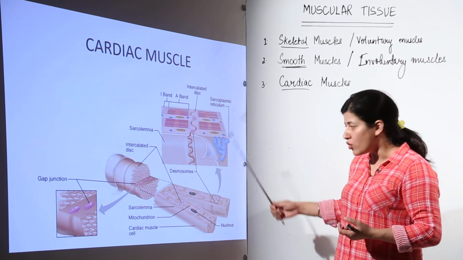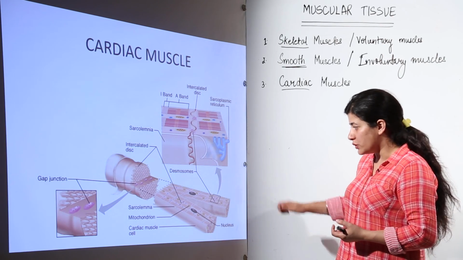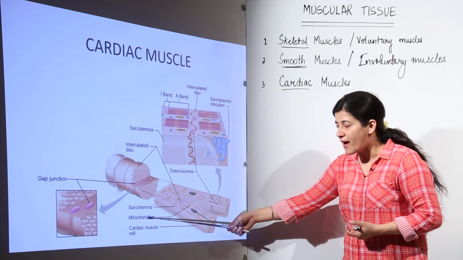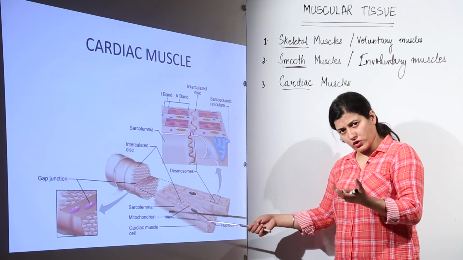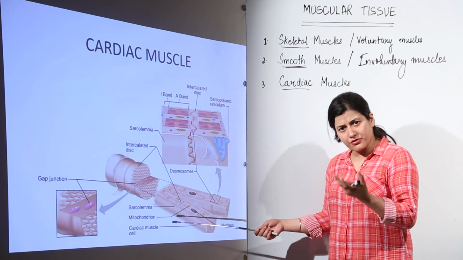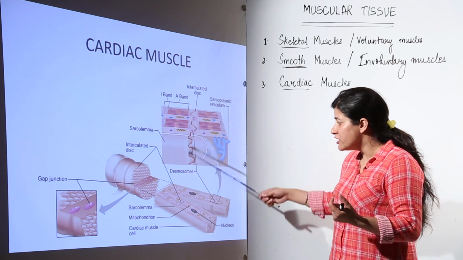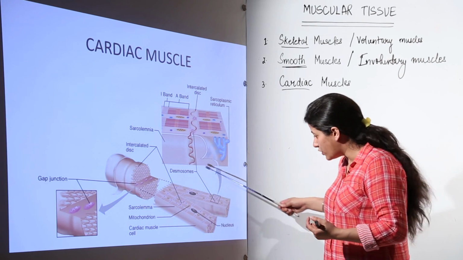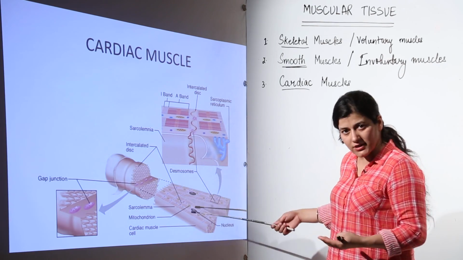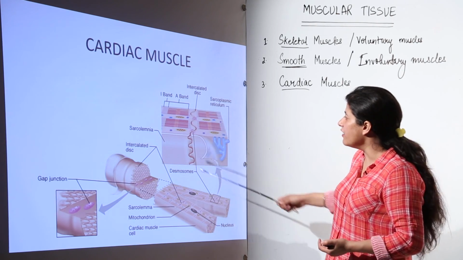The cells over here would be myofibrils only. There is a large supply of mitochondria because they have to continuously undergo contraction and relaxation. That is how the heart beats. They are nucleated, and they are striated.